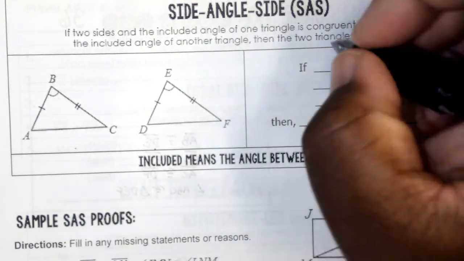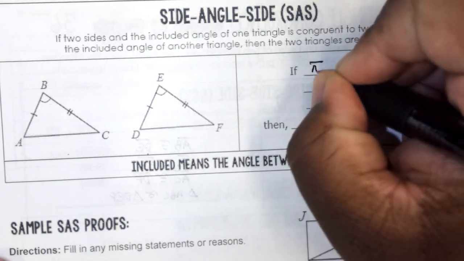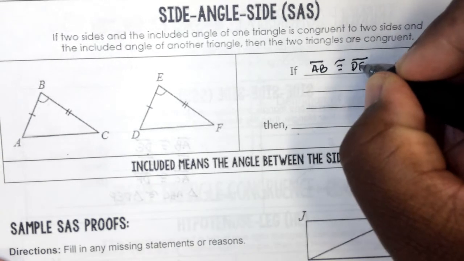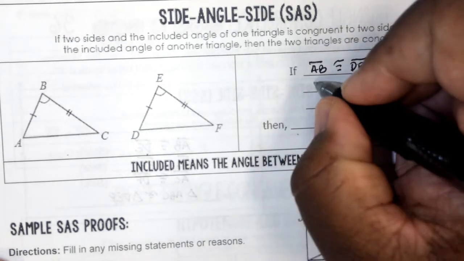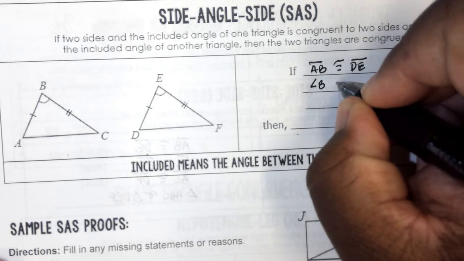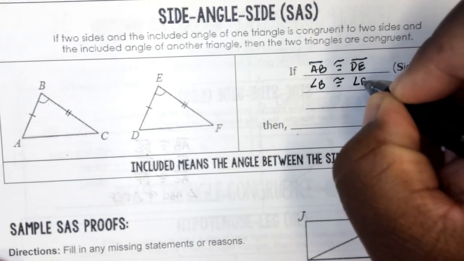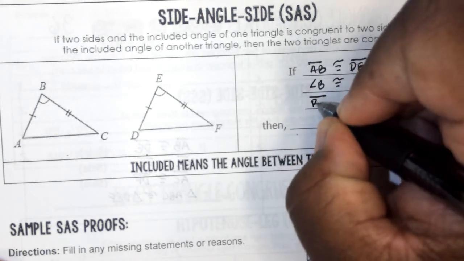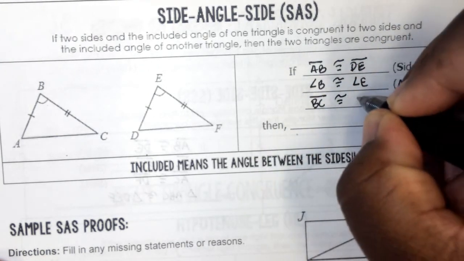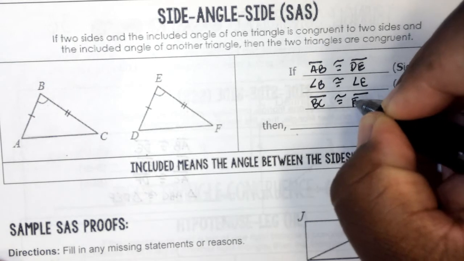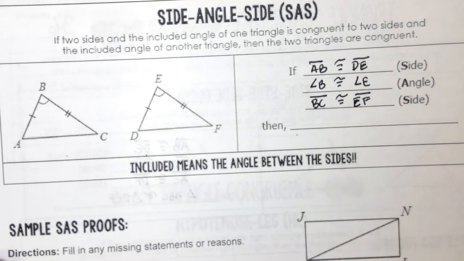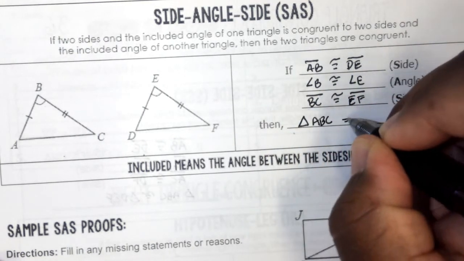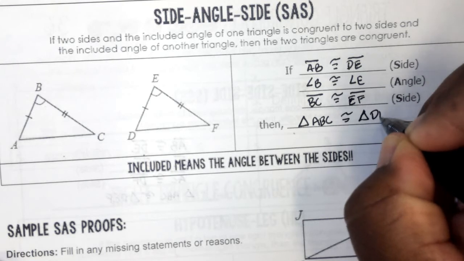If side AB is congruent to side DE, and then angle B is congruent to angle E, and side BC is congruent to side EF, then triangle ABC is congruent to triangle DEF.